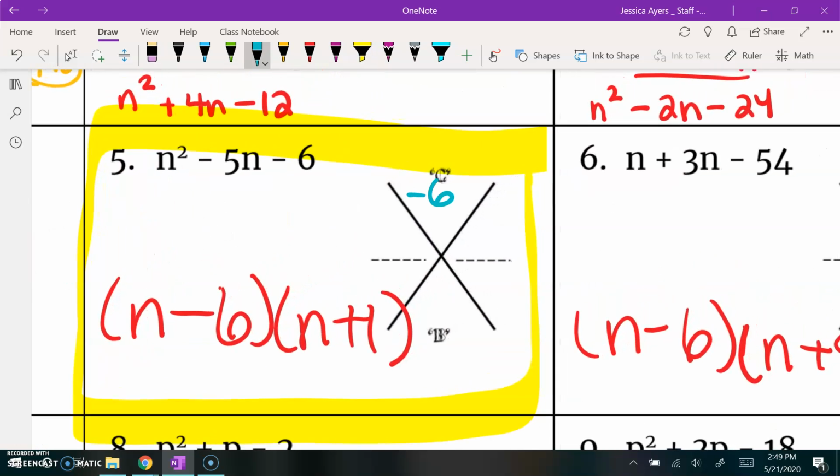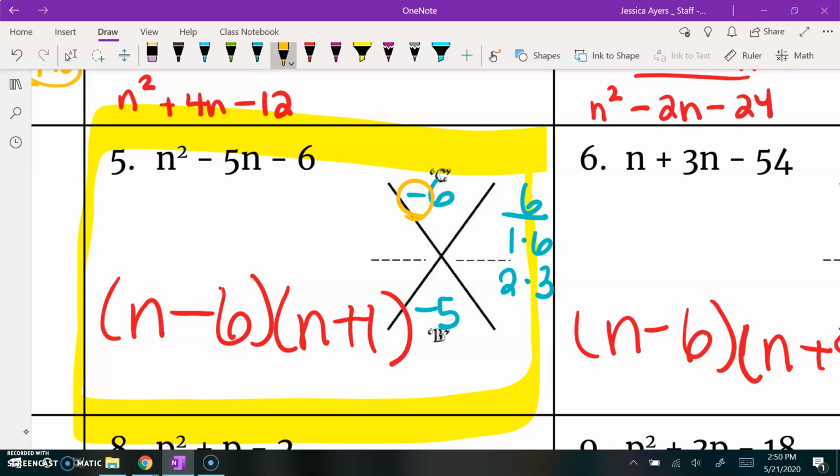You have -6 for C and -5 for B. If you make your list of 6's, you get 1 times 6 and 2 times 3. You can get 5 from both 1 and 6 and 2 and 3. You subtract 1 and 6 to get 5, and you add 2 and 3 to get 5. This is where it's very important to make sure you're paying attention to your signs.